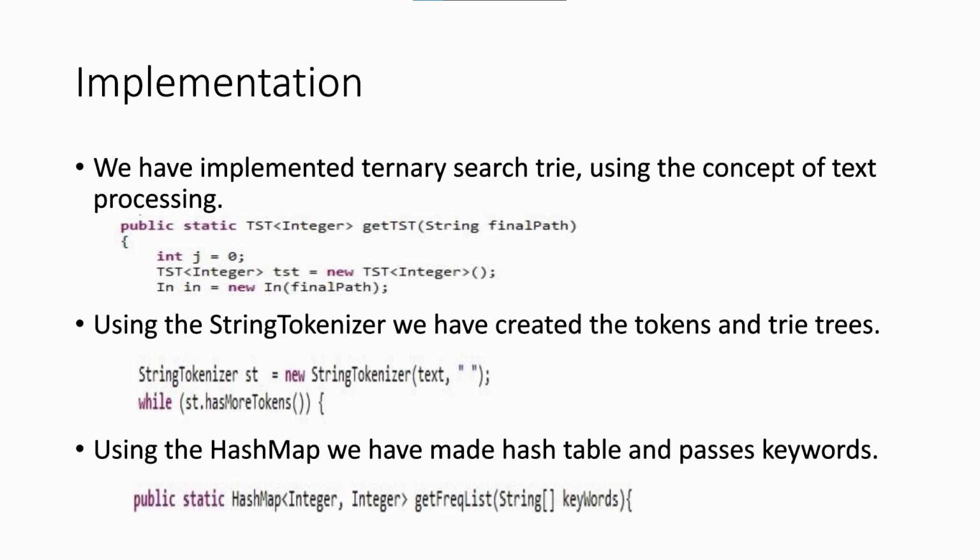Also, in line 127, we have used the hash map function, which uses the get frequency list to get the keywords, and it passes the keywords with the use of this function.